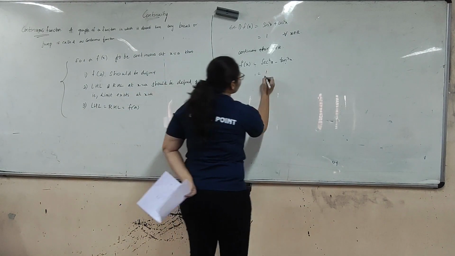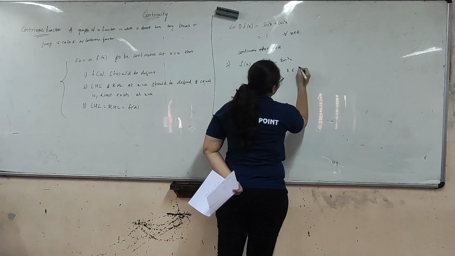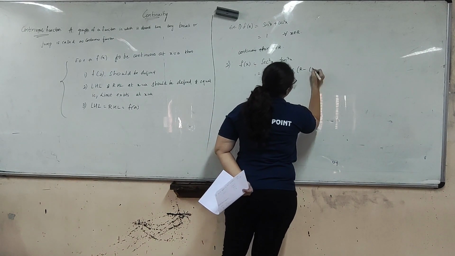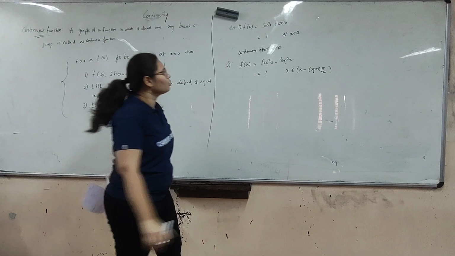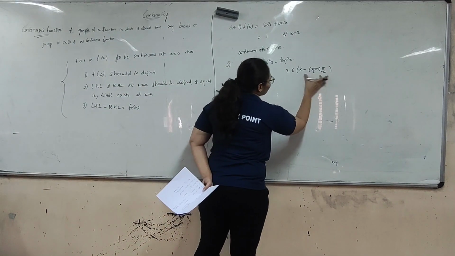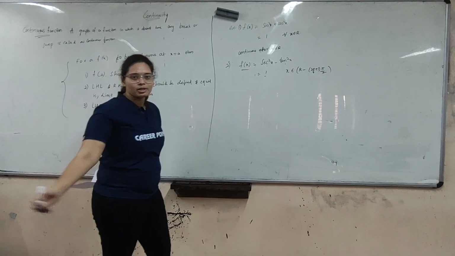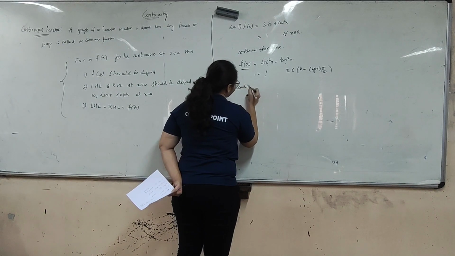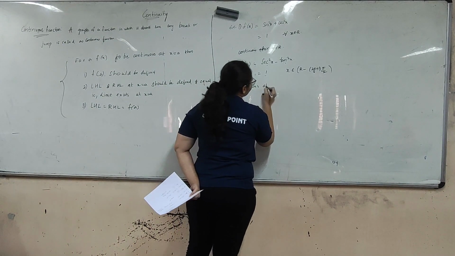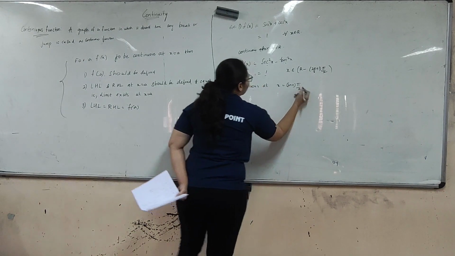So this equals 1 when x belongs to R minus (2n plus 1) pi by 2. So for R minus (2n plus 1) pi by 2, f of x is continuous, but it is discontinuous at x equals (2n plus 1) pi by 2.